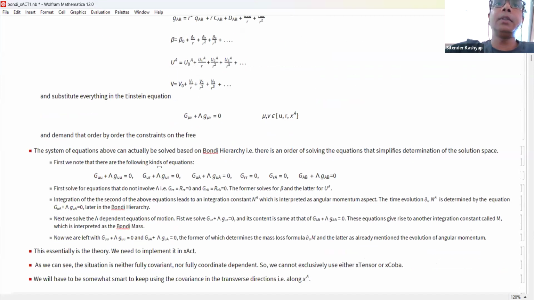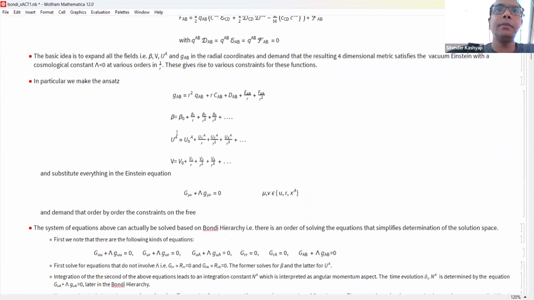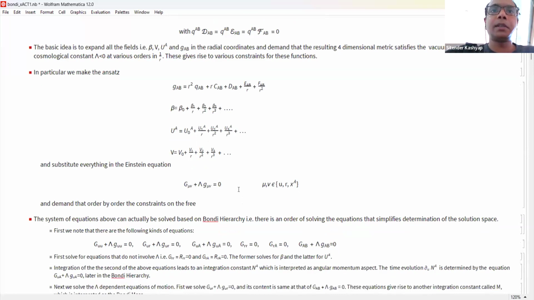Now the point is, if we very naively just give it to Mathematica, substitute all of these into all of these equations and brute force just solve it, it will not be able to do that. If there is a really powerful supercomputer, maybe it might be possible, but it's really complicated.